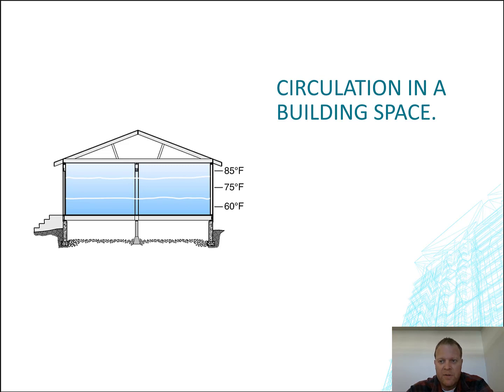Okay, the concept of circulation. If you're in a room or a building that's poorly circulated, doesn't have a lot of air circulation, you can get different compartmentalization of heating zones. You could have all the hot air up at the top, but the point being, stagnant air is not comfortable.